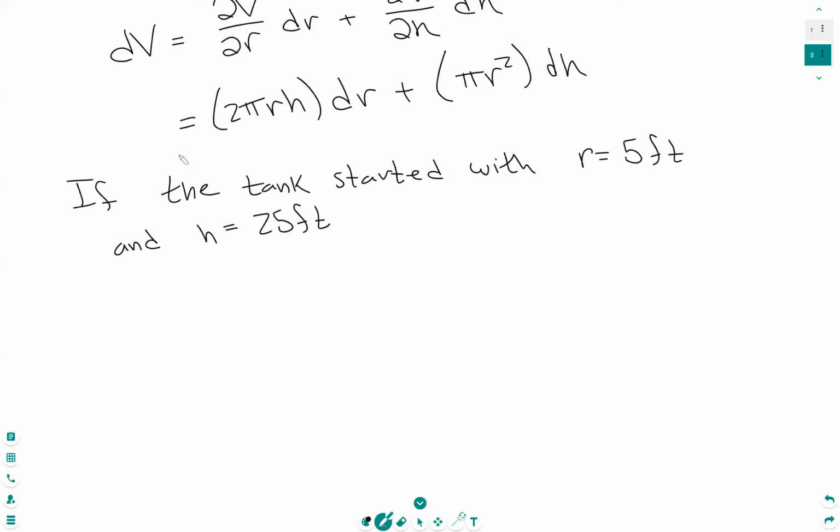If I plug those in, I get dV is 250 pi times dr plus 25 pi times dH. So you might see what is more impactful for the volume if I already have a radius of 5 and a height of 25. It seems like if I changed the radius by some small amount, it would be much more impactful than doing a small change in height at this point.